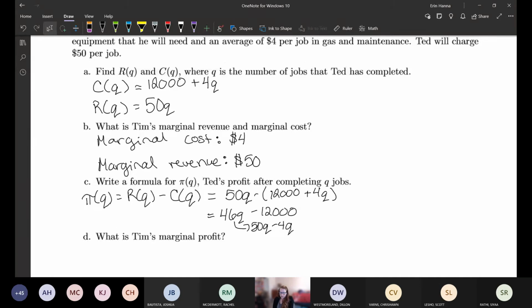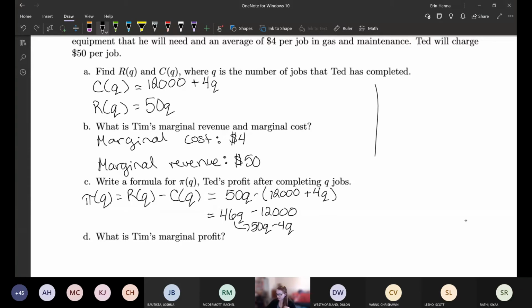So C of Q is the total cost for making Q amount of units. How do you differentiate and figure out which one to use? It depends on what you're asked.